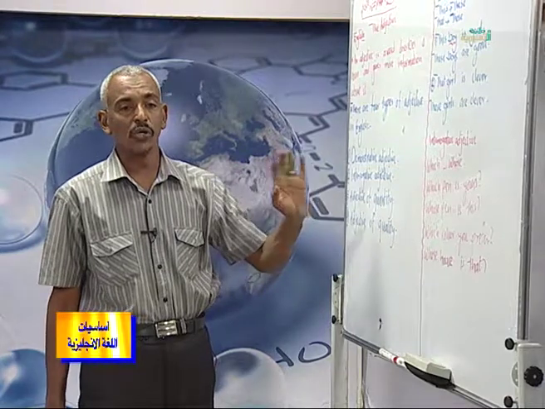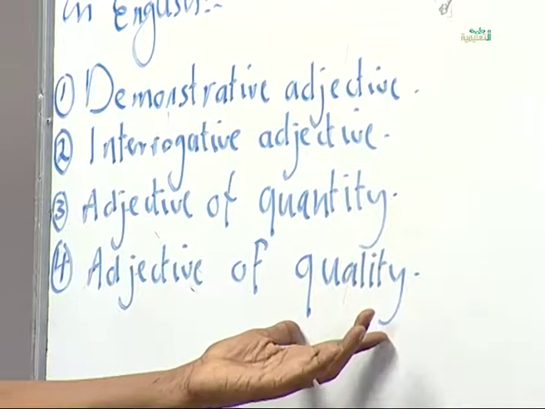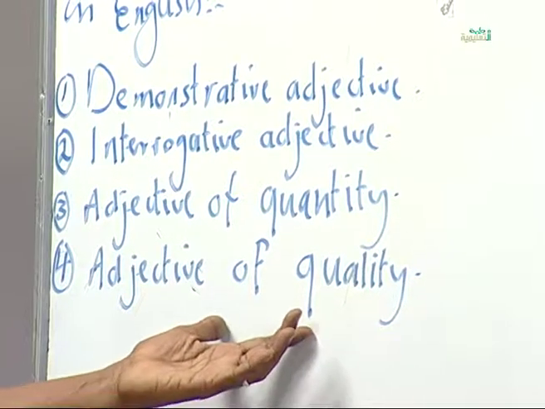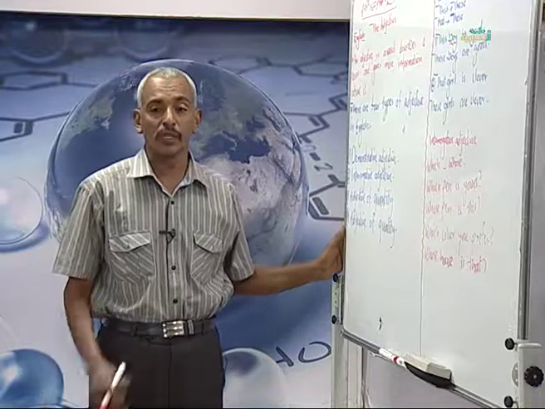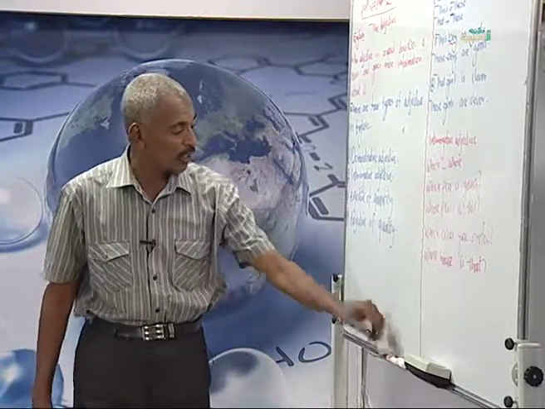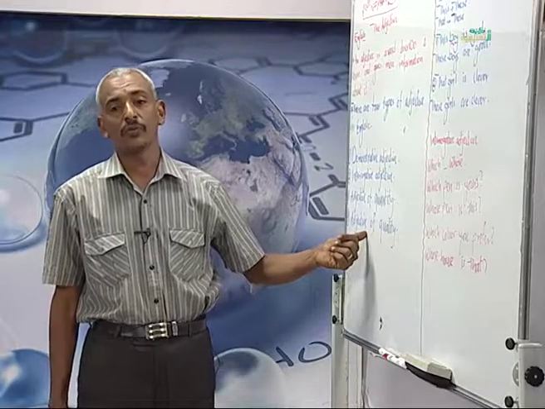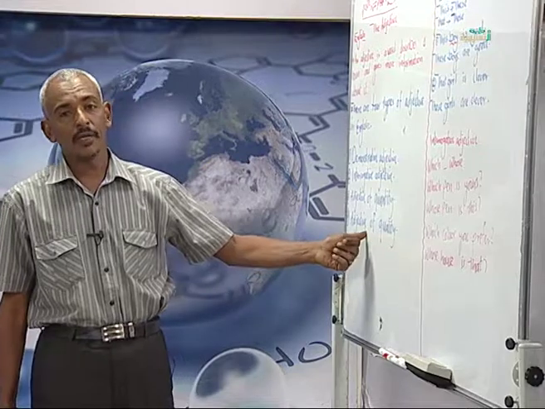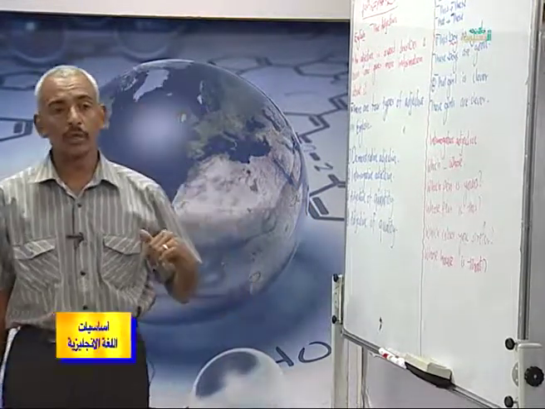Because it is going to make qualification for persons, for things, for nouns, for all the nouns that are in front of our eyes. Because it is very important, we are going to have it in the coming lesson. Until here, I have to stop here to continue later.